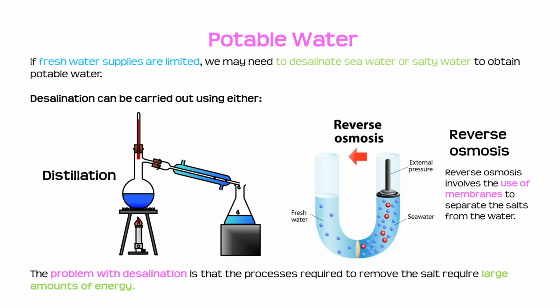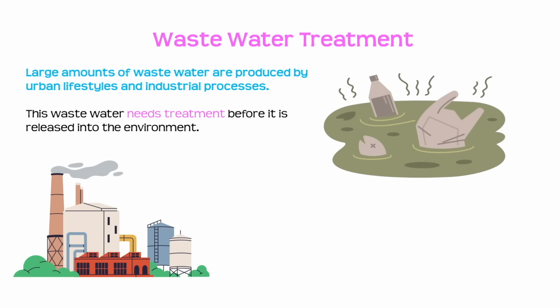Or we could use reverse osmosis. Reverse osmosis involves the use of membranes to separate the salts from the water. The problem with desalination is that these processes require a large amount of energy. Therefore, this is an expensive process, and it's only really going to be practical if this is your only option and if you have a lot of money to spend on these processes.